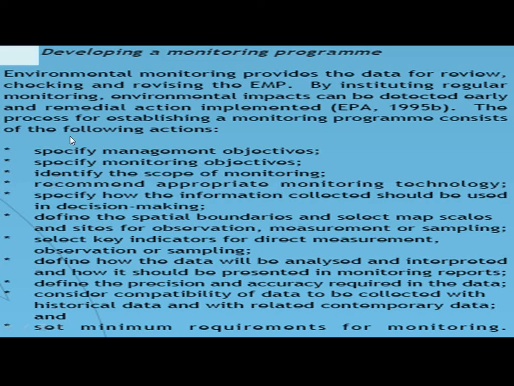You can see a very similar conceptual understanding, right? In decision making, define the spatial boundaries and sites of observation, select the key indicators, define how the data will be analyzed, define the precision and accuracy required, consider the compatibility of the data, and set the minimum requirements.